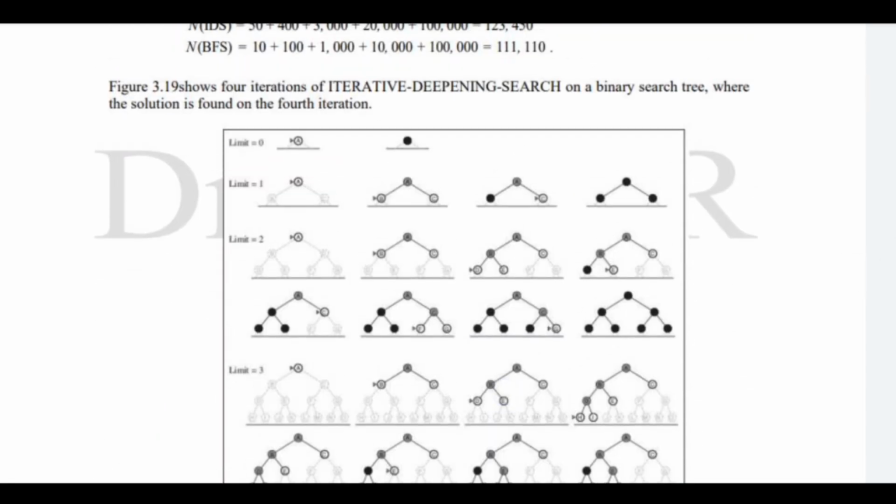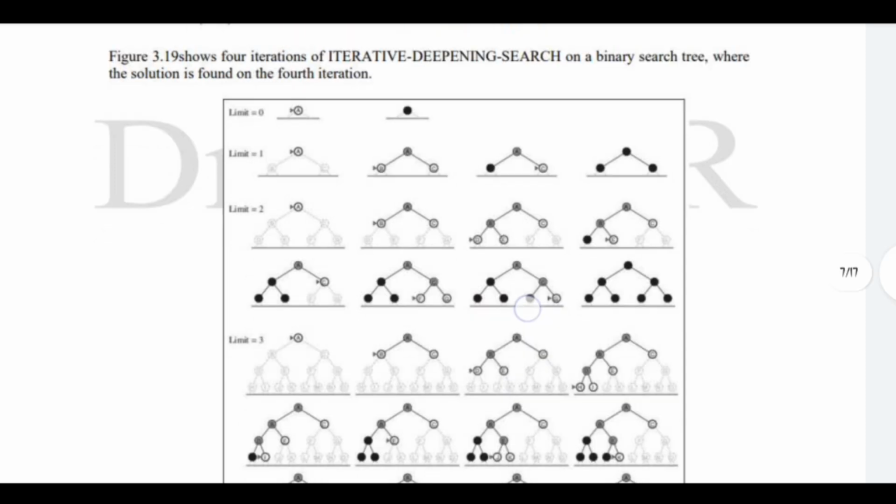First we go for A, and the second root nodes are B and C. After completing A, if we are not getting the goal, we go for B and C. B's root nodes are E and F, and C's root nodes are D and H. Like this, with limits in sequence, we go column-wise. So that is the diagram.